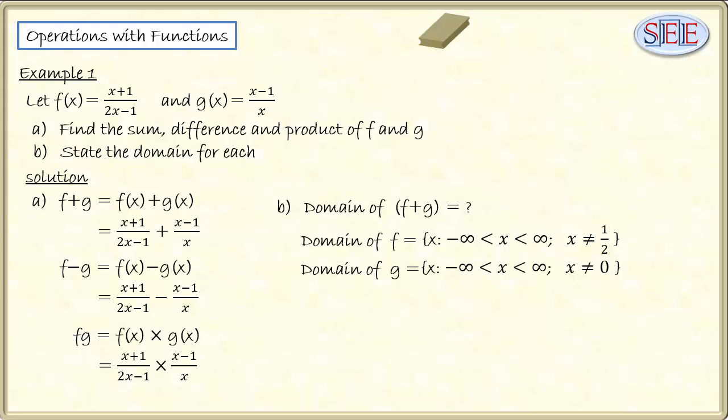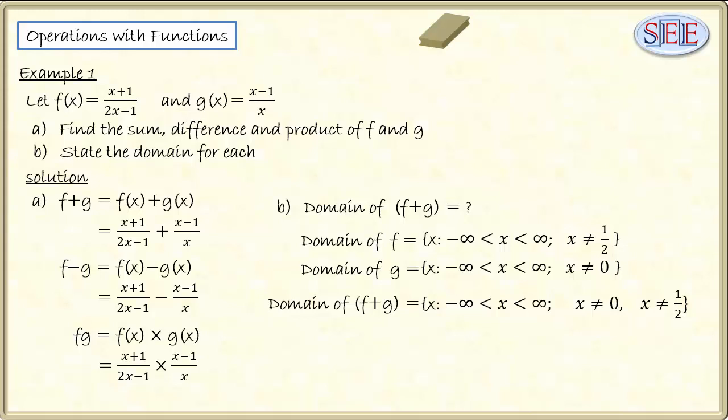So what I will now do to find the domain of the sum of two functions, according to the definition, is take the intersection of the domains of the two functions. So I will intersect the domain of f and the domain of g. The domain of f is from minus infinity to infinity with the exception of 1 over 2. And the domain of g is from minus infinity to infinity with the exception of 0. Therefore, the intersection of these two sets will be from minus infinity to infinity, but with the exception of 0 and 1 over 2.